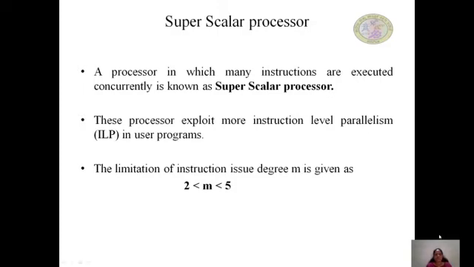We can define a superscalar processor as a single processor in which many instructions are executed concurrently. To execute multiple instructions in one clock cycle, it makes use of multiple pipelines.